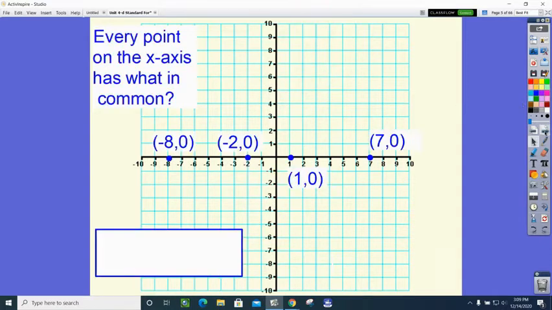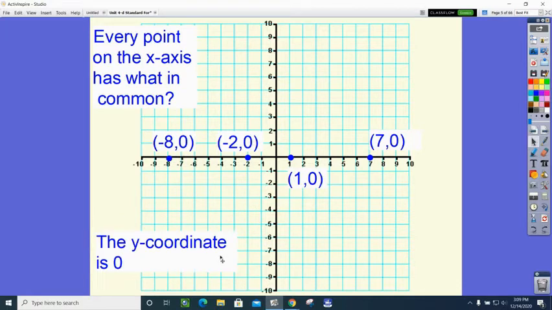Now let's take a look at the x-axis. I've again picked 4 points on the x-axis, and what do you notice here? Did you notice that every y-coordinate is 0? So if you have a point with y equaling 0, that would be the x-intercept.